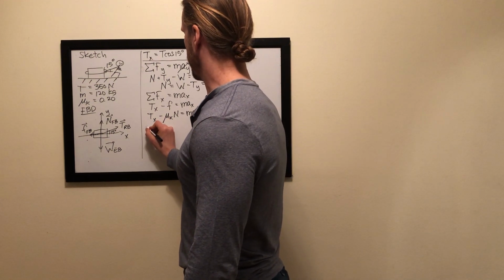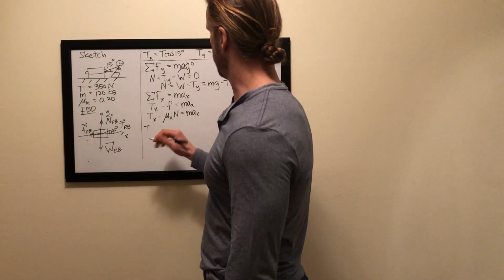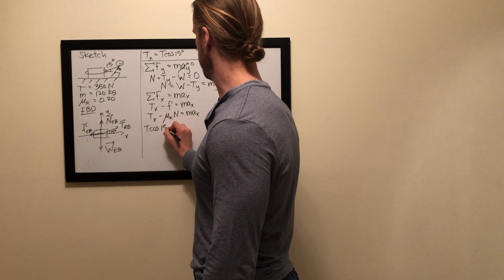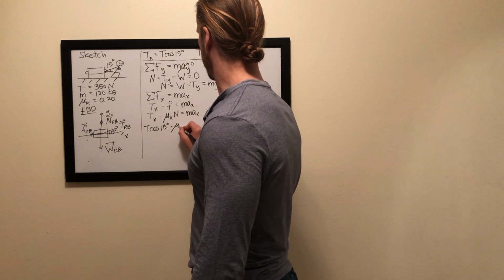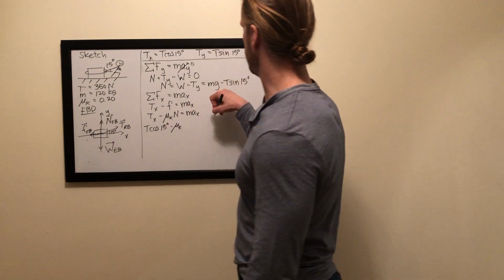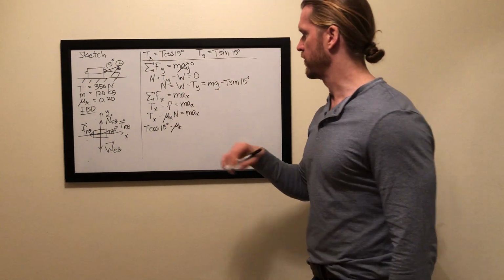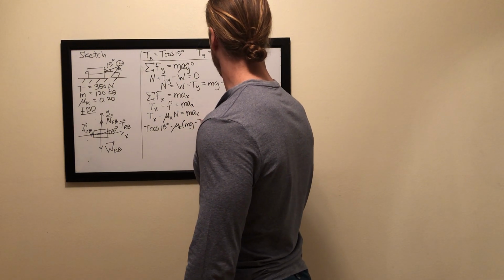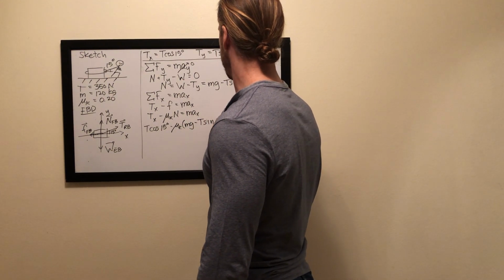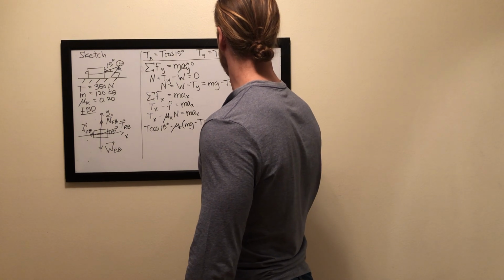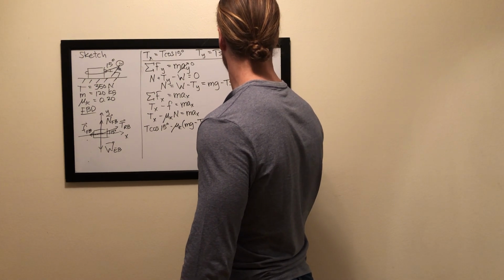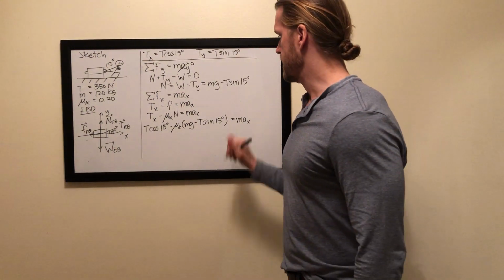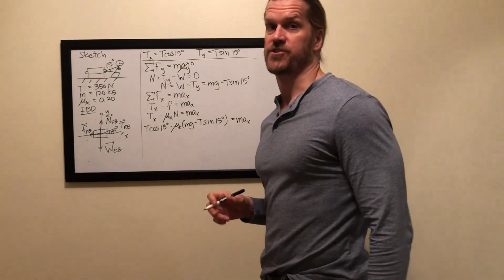And we can substitute our x component of tension, T cosine 15. And we'll substitute the expression we just found for the normal force in here, mg minus T sine 15 degrees. And with one step of algebra, we've now reached our answer.